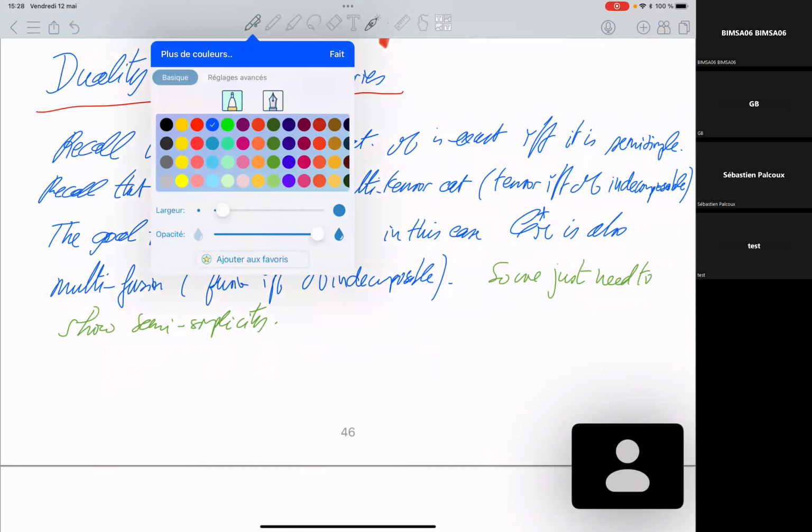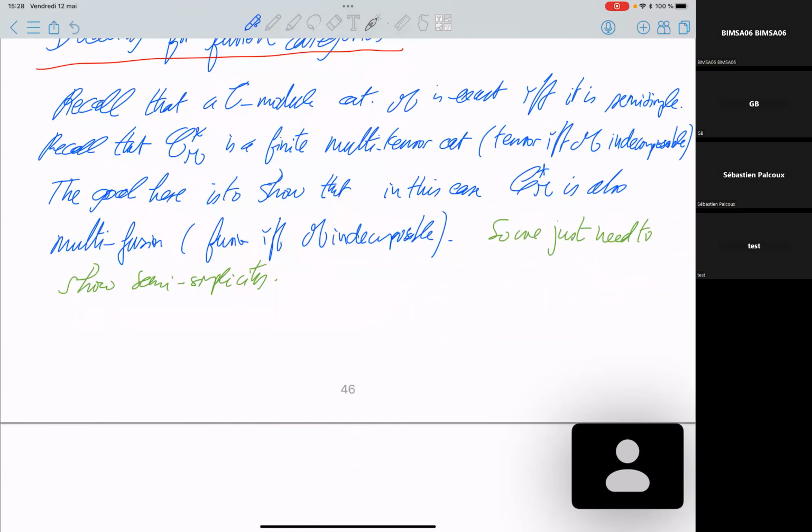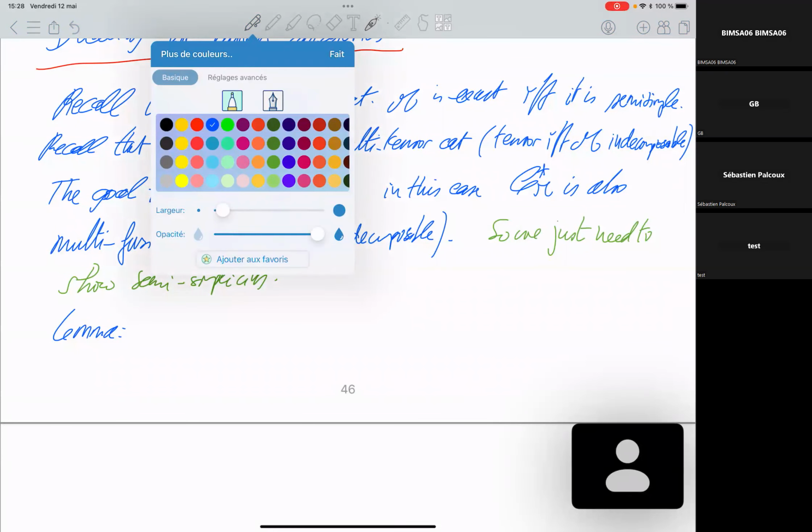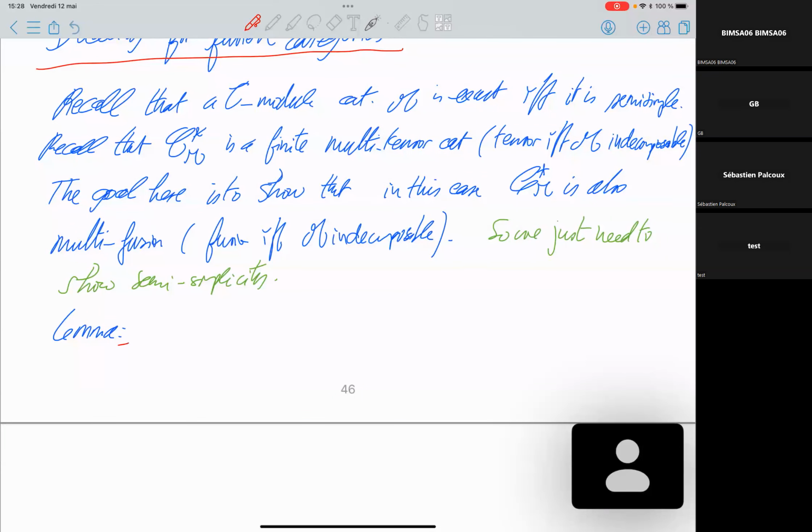Okay. So let me state and sketch the proof of this lemma, which we will need to prove this semi-simplicity result. This lemma will need the central structure of I1.